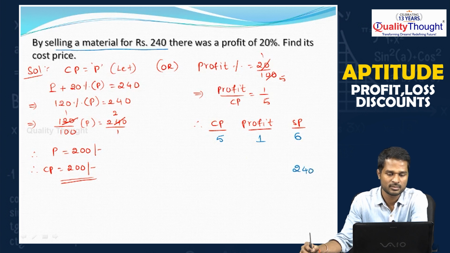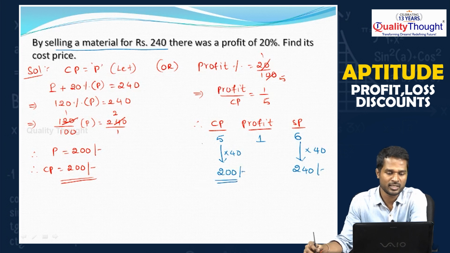So, this 6 has become 240. How? 6 is multiplied with 40 to become 240. Similarly, we multiply 5 with 40 to get the final cost price. So, 5 into 40 is 200. So, this is the cost price.